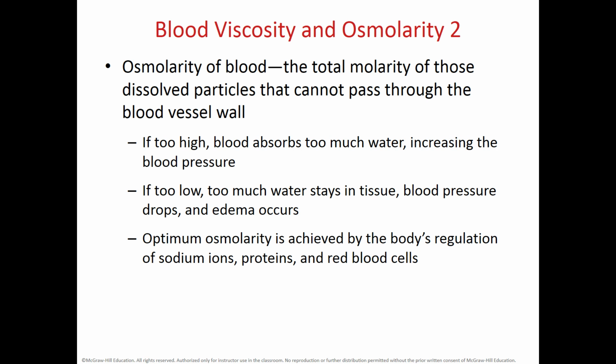So if you don't have so much glucose, if you don't have so much sodium chloride or sodium within your blood, you won't need as much water within your blood, and then that water will escape from your blood vessels into the extracellular space, and you will decrease your blood pressure.